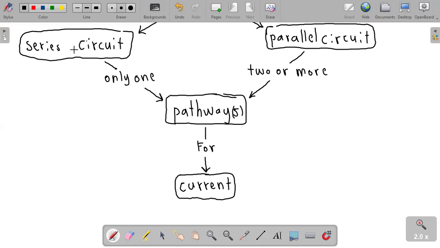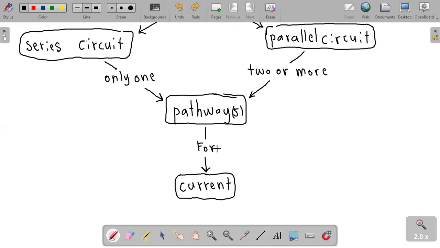So for a series circuit, there is only one pathway for current. In parallel, there are two or more pathways for the current.